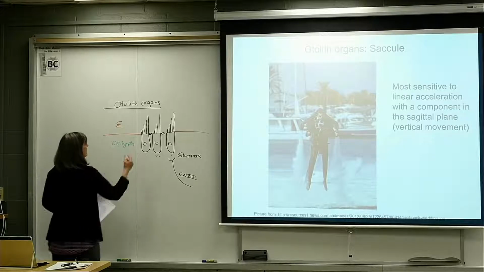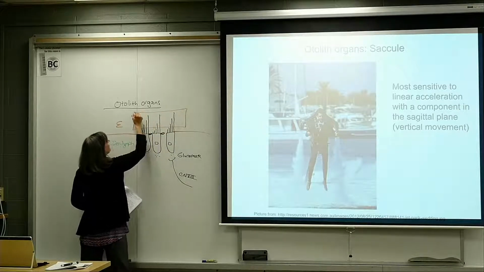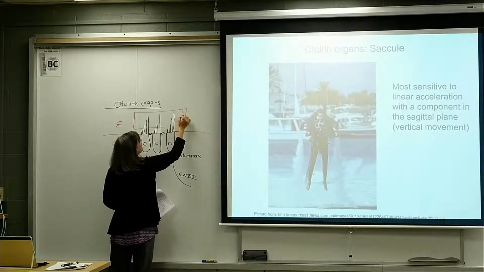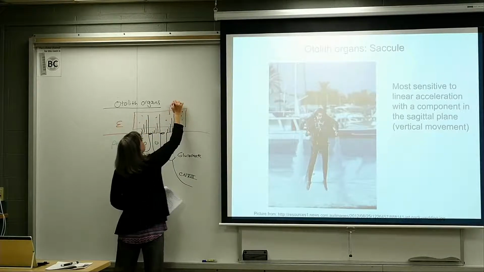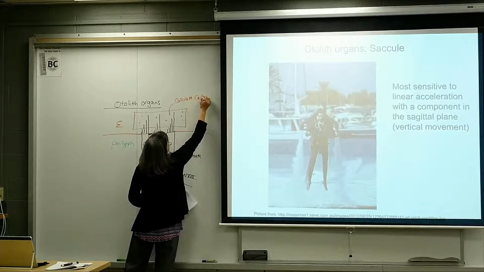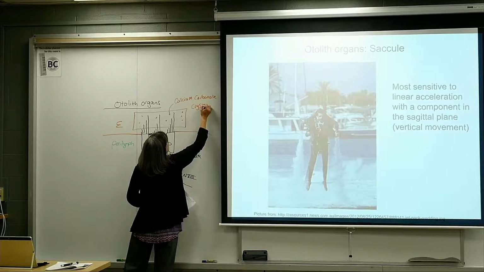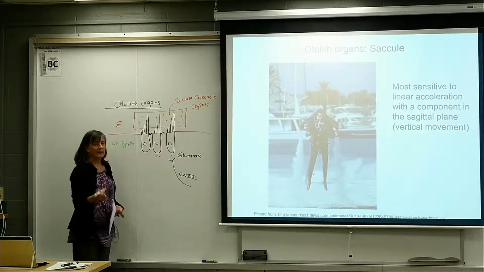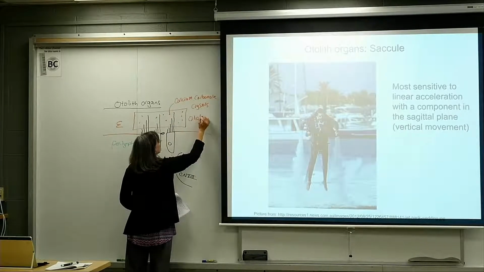One of the differences is that these hair bundles are in a gelatinous mass that has little calcium carbonate crystals in it. These calcium carbonate crystals, together with this gelatinous mass, are called an otolith membrane.